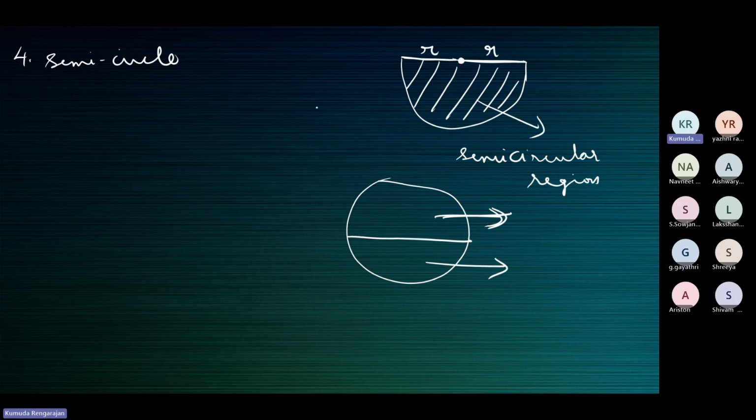So what do we see in a semicircular region? We see the diameter and half of the boundary of the circle.